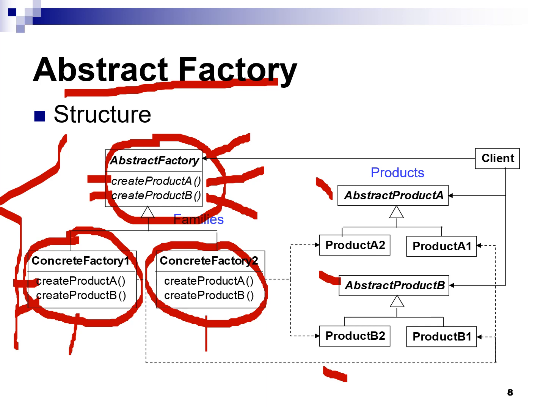So I have here two styles for product A. So I have product A2, product A1. This product A2 is created by factory 2, and product A1 is created by factory 1. So whenever I call create product A, factory 1 will create product A1, and whenever I invoke create product A on factory 2, it will create product A2. And same thing for product B.